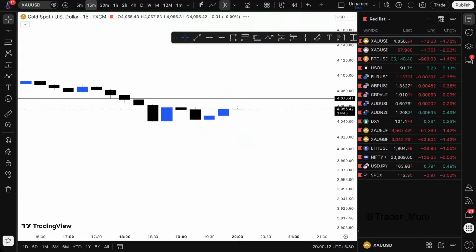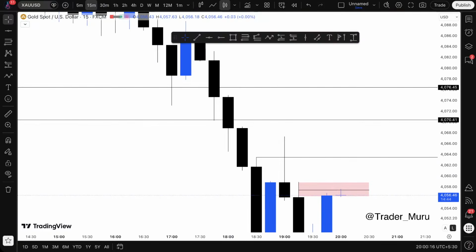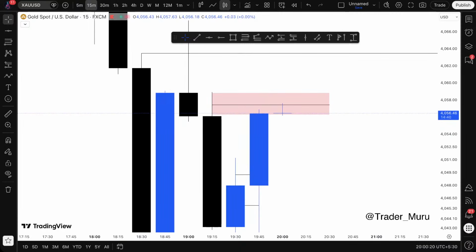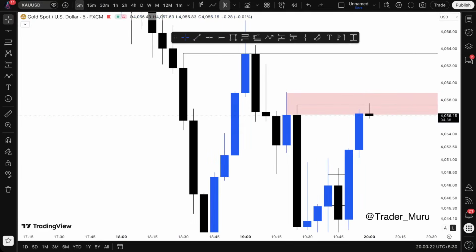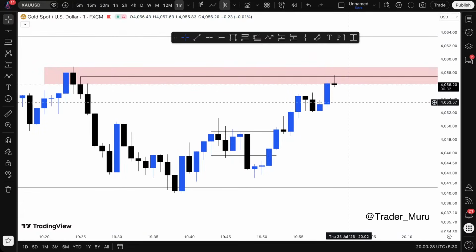Okay, pumping. 15-minute time frame, our high is tested. Okay, we have a sweep. This is our 5-minute high sweep. Price should not close above and 1 minute should change direction below this low.